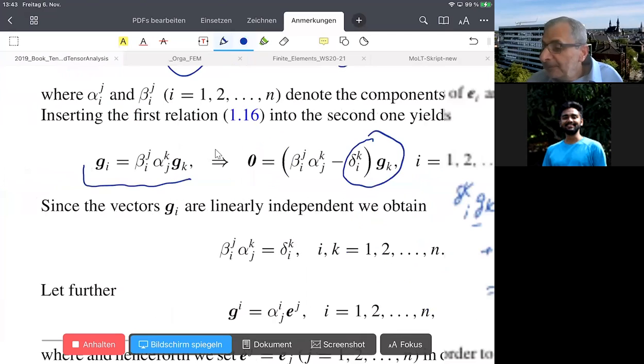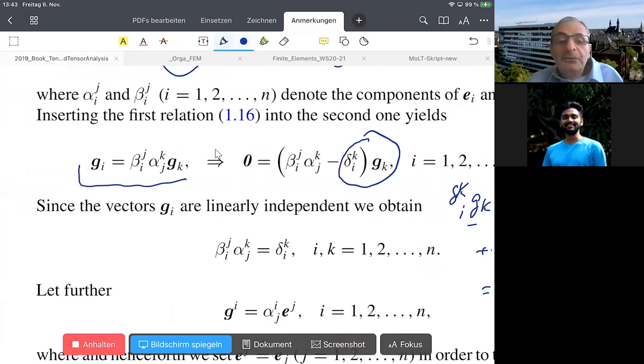So you see, I can artificially introduce this delta in order to get exactly g_i.